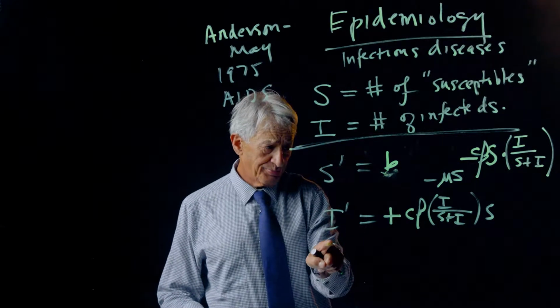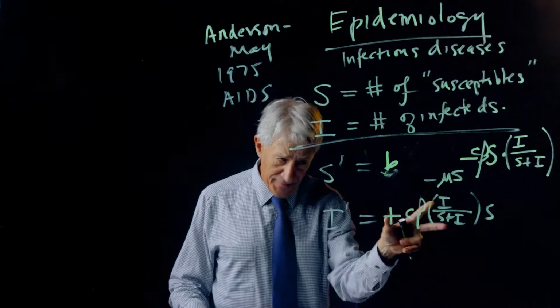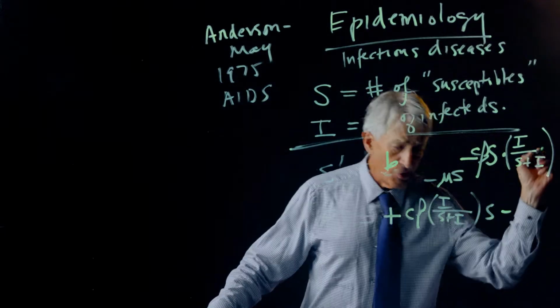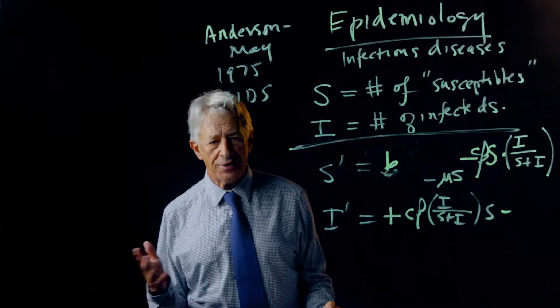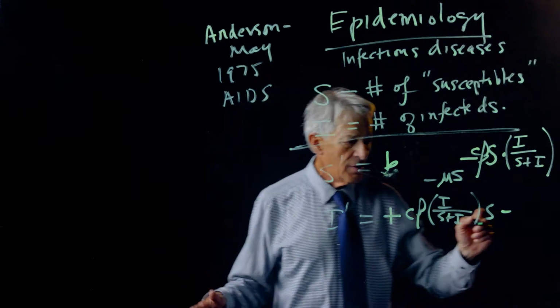I prime is equal to all the susceptibles who got infected. They are also going to have a natural death rate. And by natural death rate, I mean auto accidents and heart attacks and whatever.